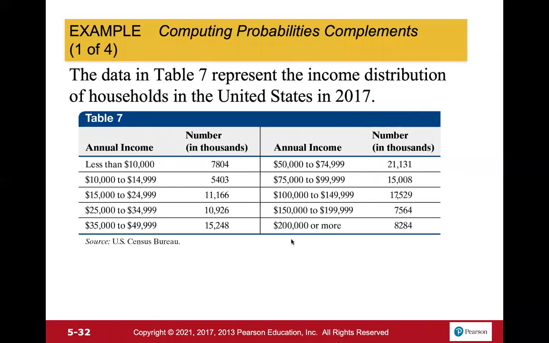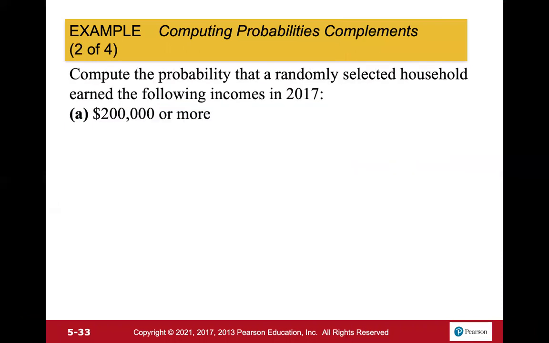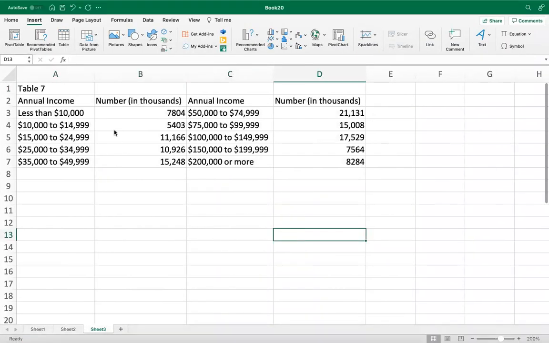All right, so of this data, first question: compute the probability that a randomly selected household earned the following income. So 200,000 or more. Let's see.